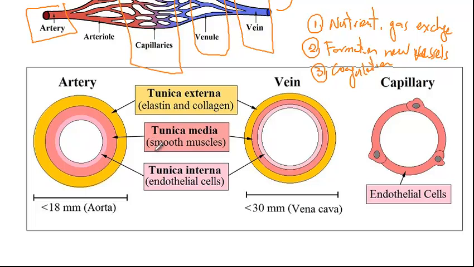The second layer is the tunica media, which contains the smooth muscles, and these smooth muscles are under the control of the autonomic nervous system, like for instance the sympathetic or parasympathetic nervous system.